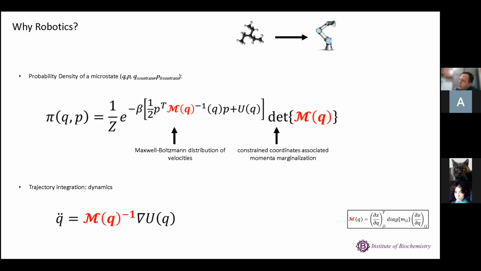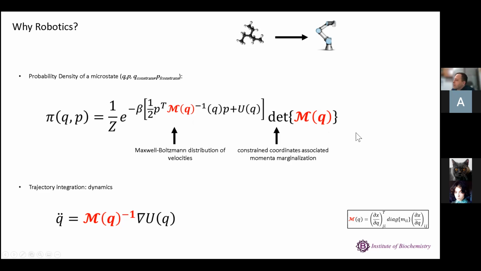It's not feasible. But again, robot mechanics algorithms already dealt with this, and because it's a particular type of matrix, it can be done in linear time. So we needed this inversion for the kinetic energy. Another term that we needed is again related to this matrix, and it comes because of the change of the coordinate system. This is just correcting for the probability measure. You have the probability density, and then to correct for the measure, you have to add another determinant.